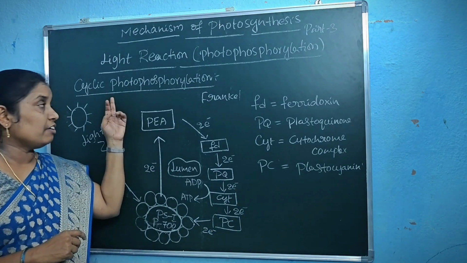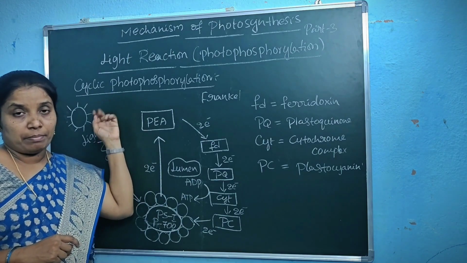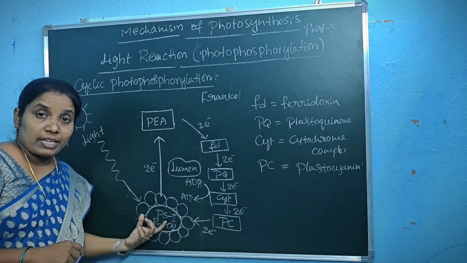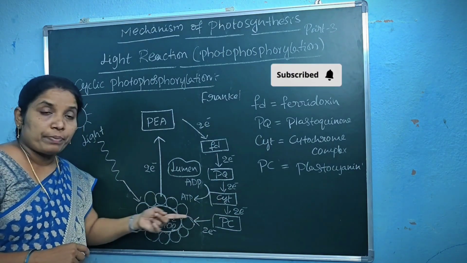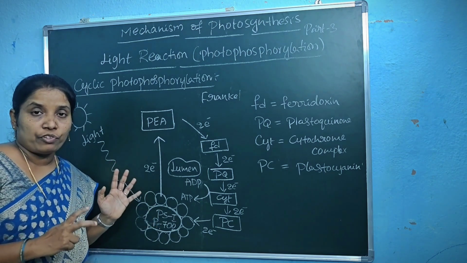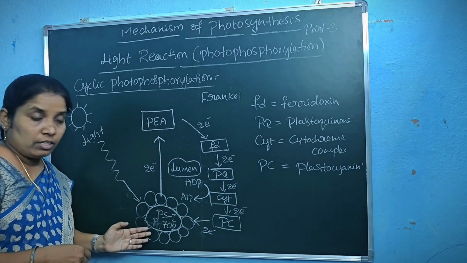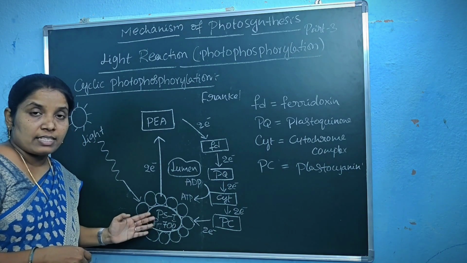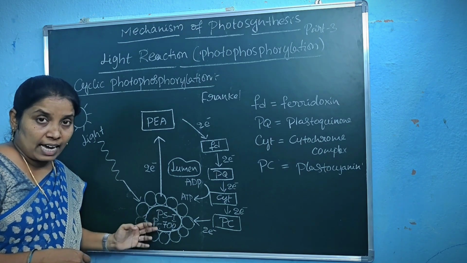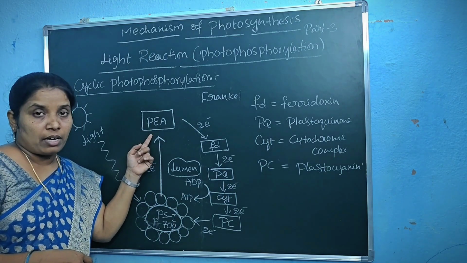In case of cyclic photophosphorylation, why is it called cyclic? The electrons ejected from PS1 come back to PS1 in a cyclic manner. So that's why it is named cyclic photophosphorylation. When the light falls on PS1, it gets excited, the chlorophyll of the reaction center gets oxidized, and it releases 2 electrons to the primary electron acceptor.